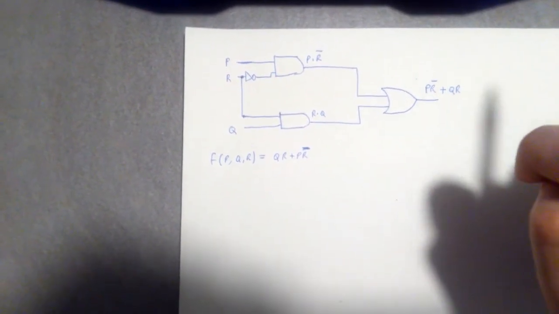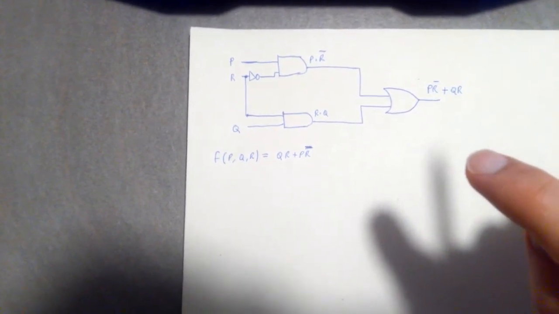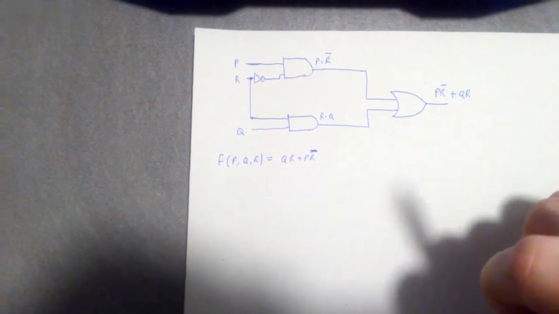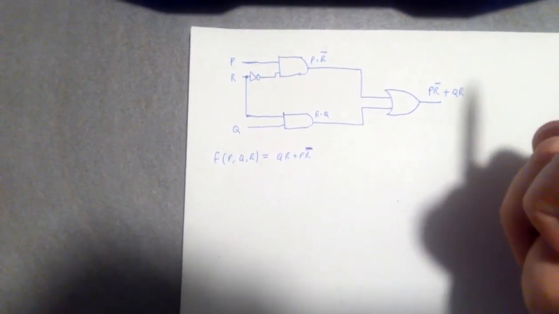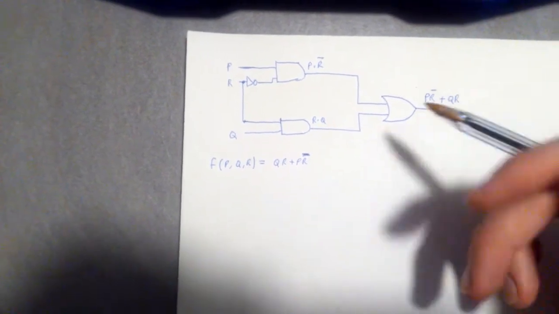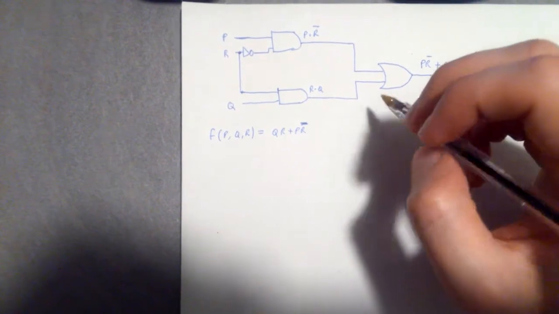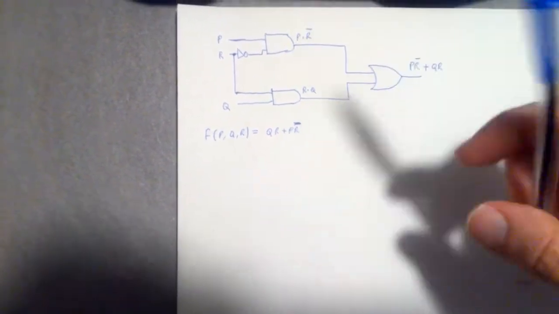Now, if we are going to actually make the truth table out of this, and we can, this is what we're going to get. Let me just do it real quick.